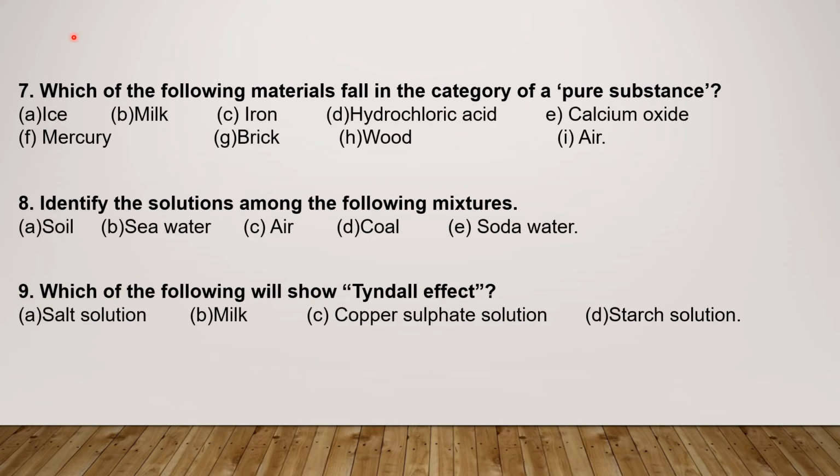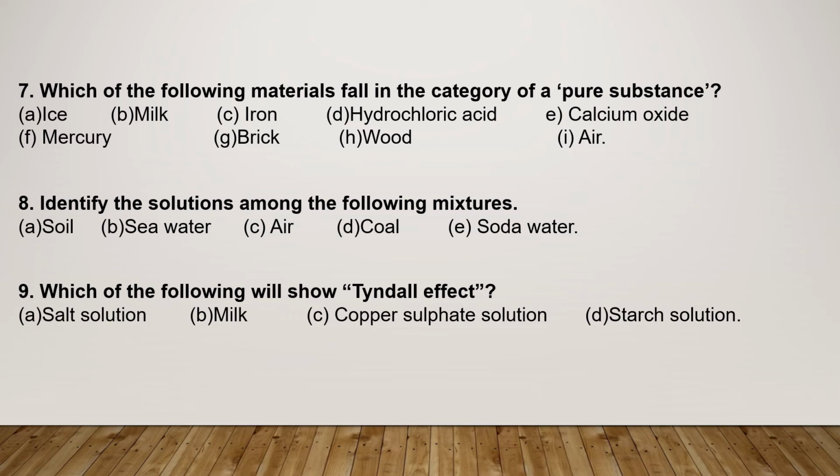Question number 7. Which of the following materials fall in the category of pure substances? Ice, milk, iron, hydrochloric acid, calcium oxide, mercury, brick, wood, air. So which are the pure substances among this group?